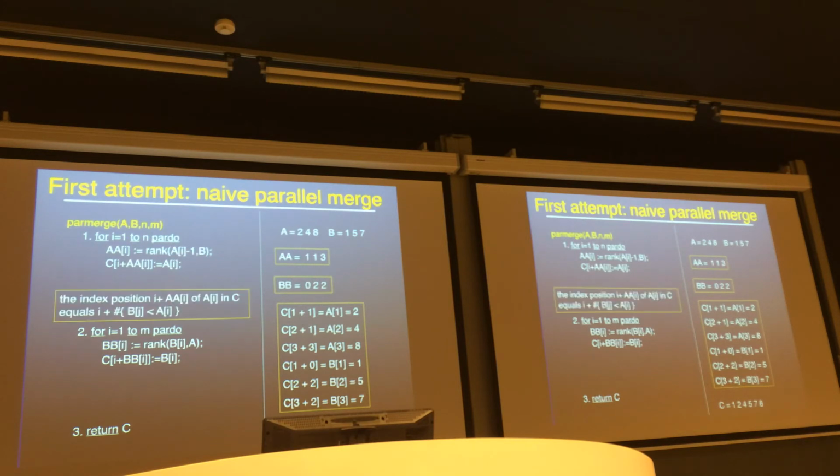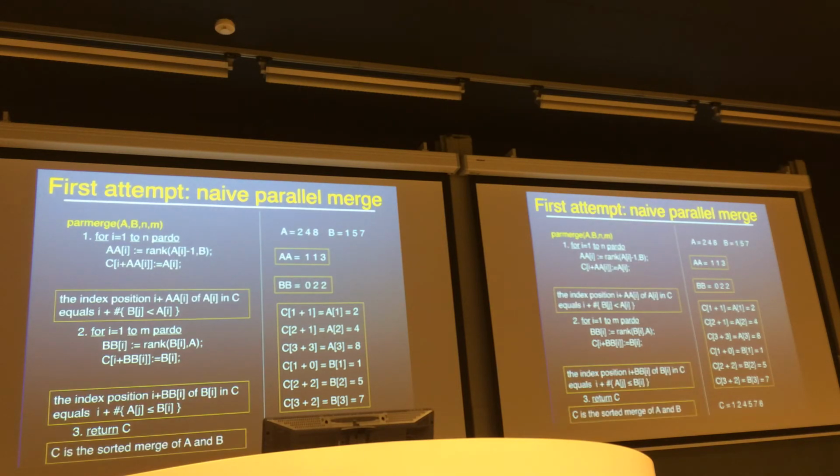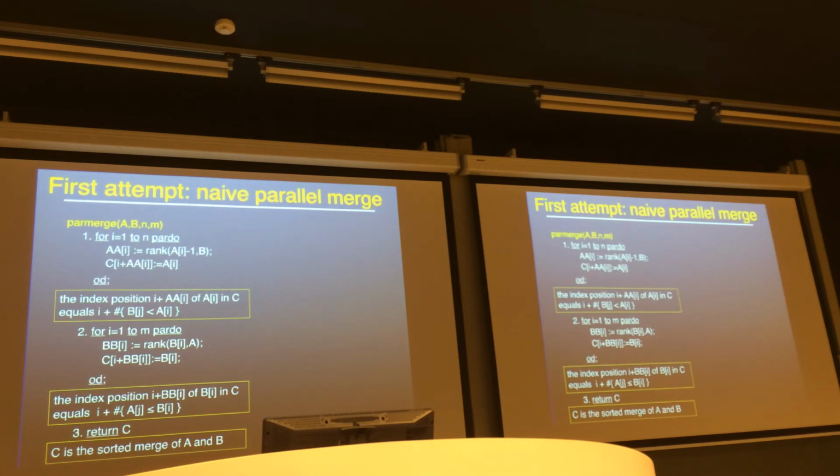Well, what is the resulting amount of time we need? We agreed upon finding the rank of a single element by applying sequential binary search. We can do that in parallel for n of those entries.